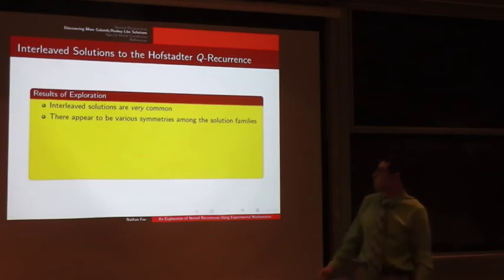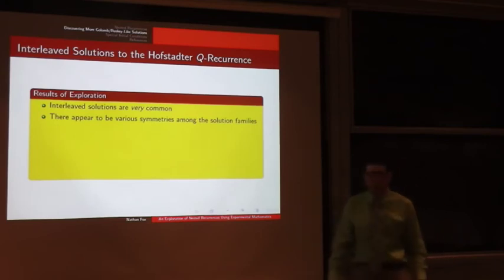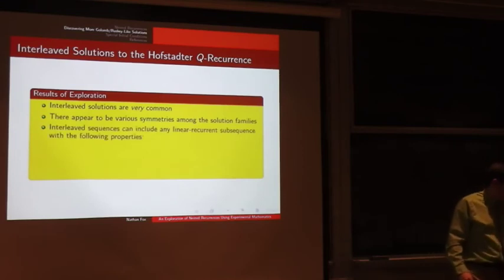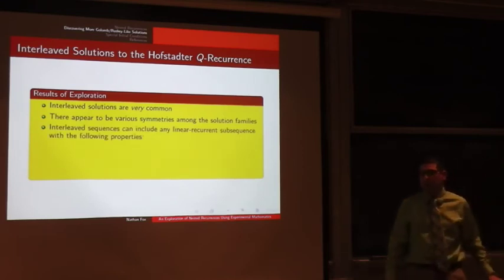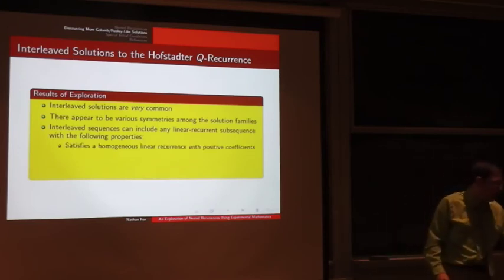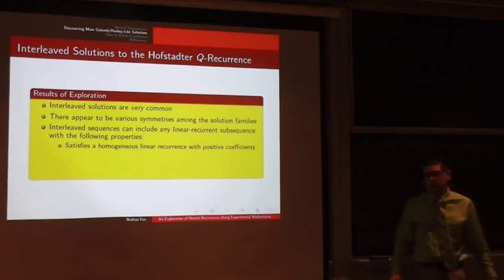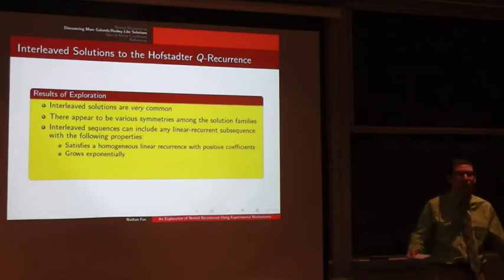But there are other symmetries that appear to be lurking beneath the surface and are hard to identify. A couple other things we found is that you can interleave any linear recurrent subsequence as long as all the coefficients in a homogeneous linear recurrence that it satisfies are positive coefficients, and the sequence grows exponentially. So it doesn't just have a_n equals a_(n-1) as its recurrence.